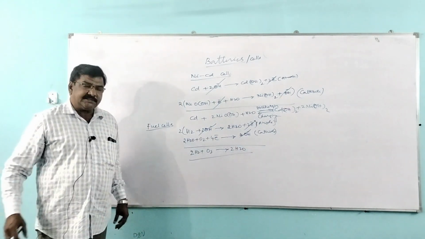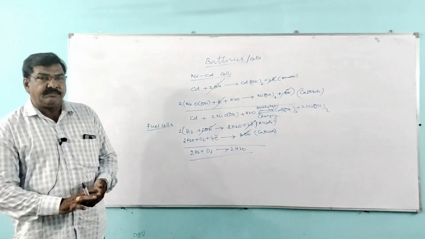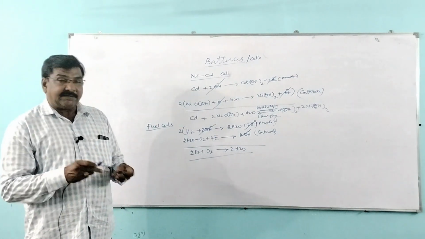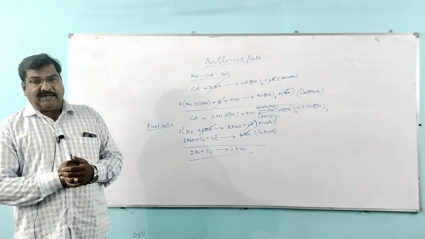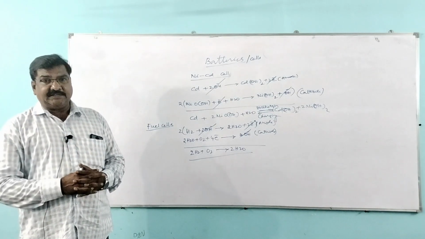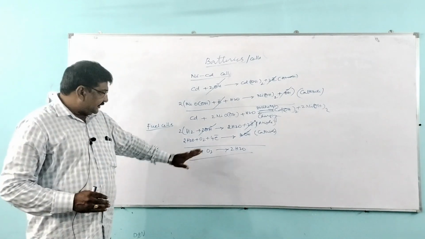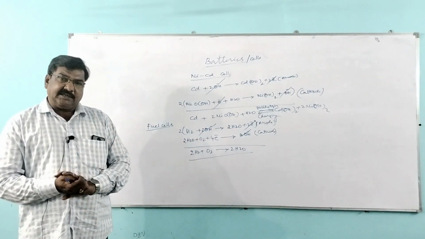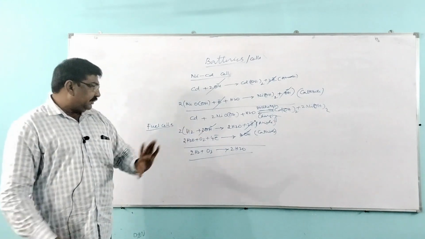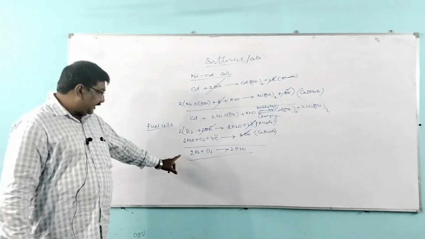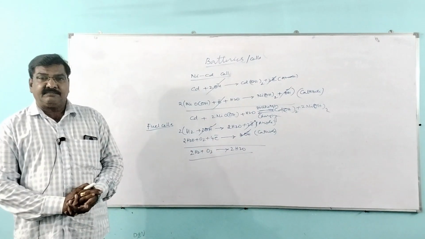What is the importance of fuel cells? Fuel cells work silently, they are highly efficient, and the most important point is that they are non-polluting. There is no chemical which pollutes the environment, because the byproduct is only water.